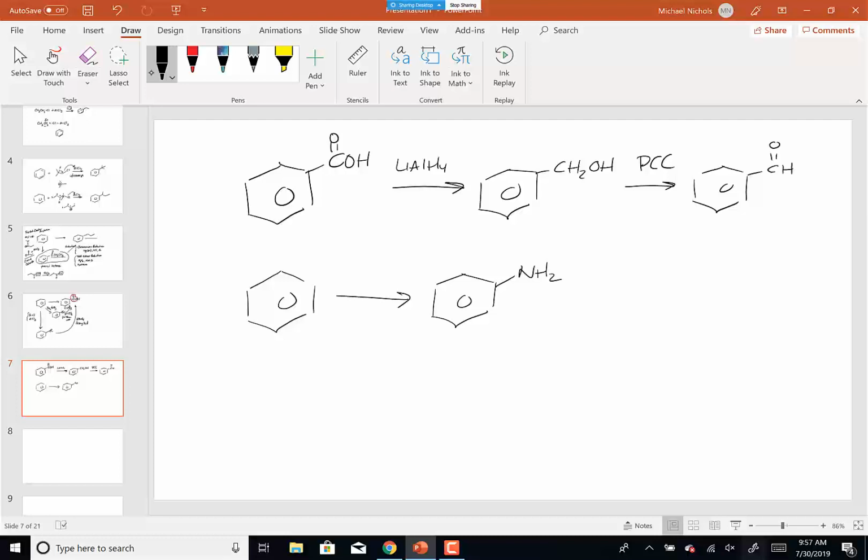I would like to add an NH2 group to the ring. I cannot do that in one step. So what I have to do is I've got to convert the ring to nitrobenzene and then convert the nitrobenzene by reduction to the amine.